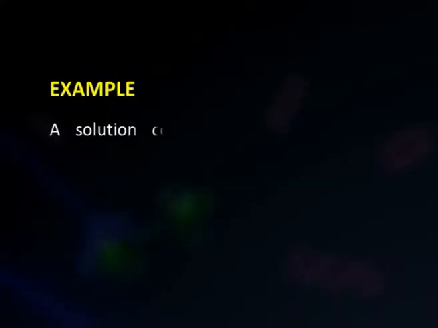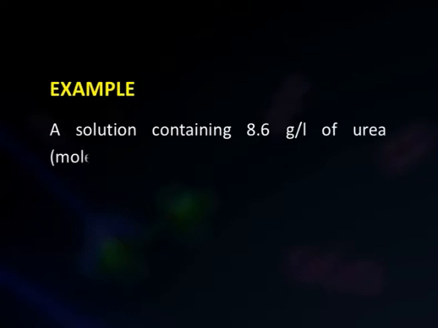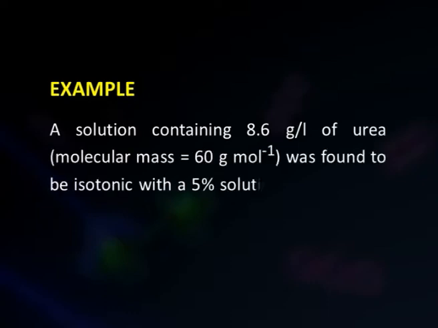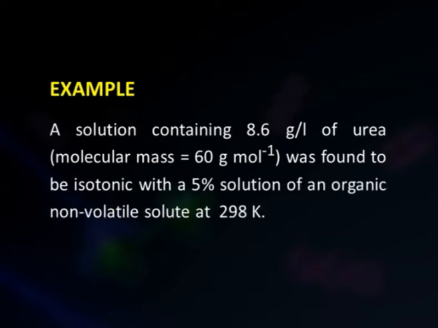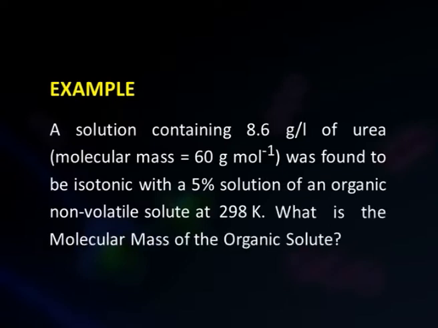A solution containing 8.6 grams per liter of urea was found to be isotonic with a 5% solution of an organic non-volatile solute at 298 Kelvin. Now, what is the molecular mass of the organic solute? You know that the molecular mass of urea is 60.